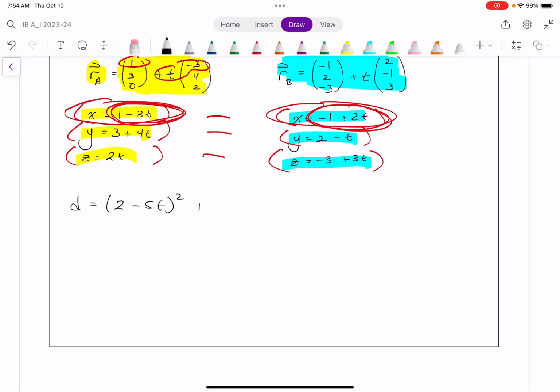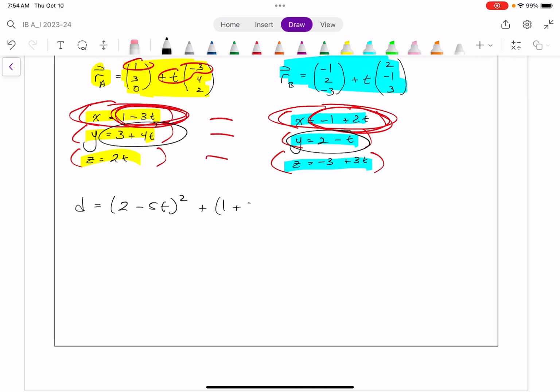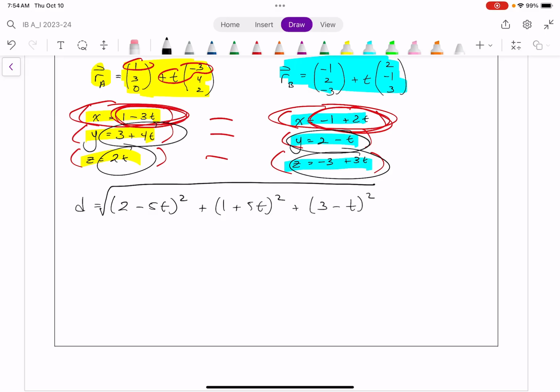Plus, same thing for my y components, and you should get 1 plus 5t all squared, and then my z components, and you should get 3 minus t all squared. But keep in mind, the distance is the square root of all of that, essentially the Pythagorean theorem applied in three-dimensional space.